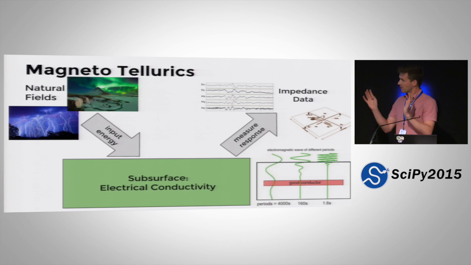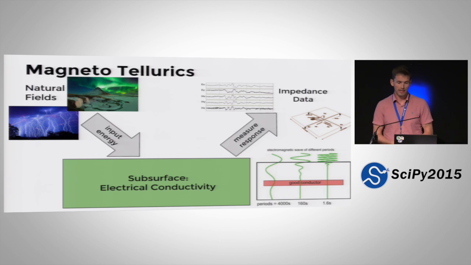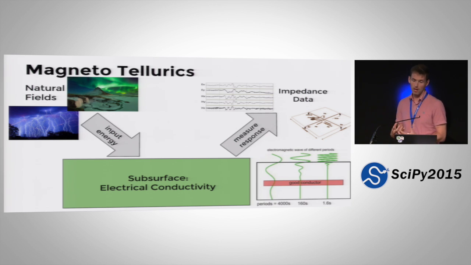So just a very general overview of what magnetotellurics are. Like if you saw Lindsay's talk earlier, in geophysics we essentially have some sort of source, it interacts with the subsurface, and we get a signal that we measure. In the magnetotelluric case, we have a natural field. So we have lightning and the auroras that give us an electromagnetic signal that then amazingly just goes into the ground and interacts with the electrical conductivity of the subsurface, and especially with the contrast.